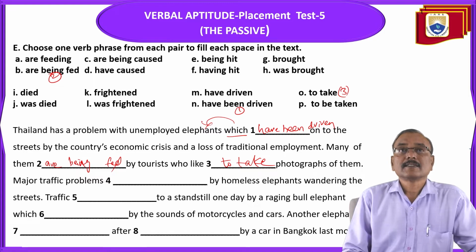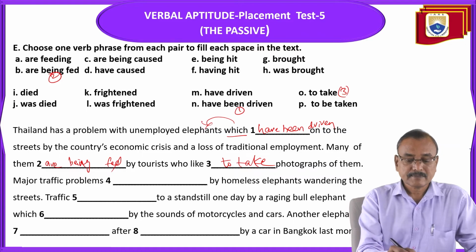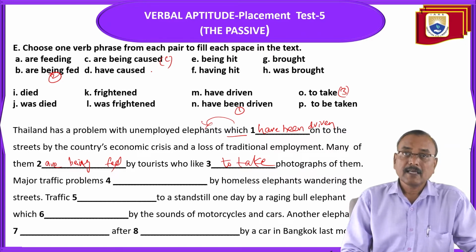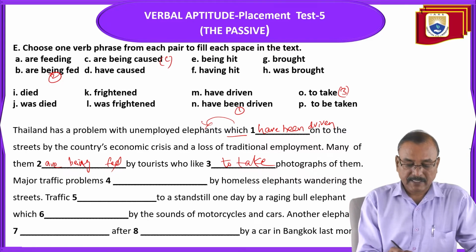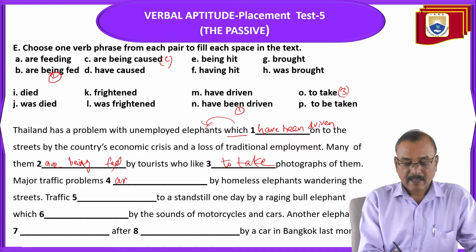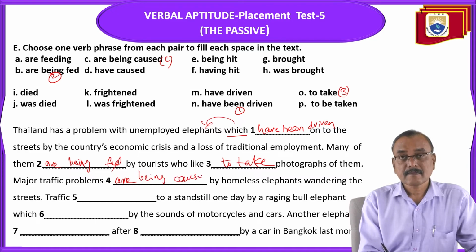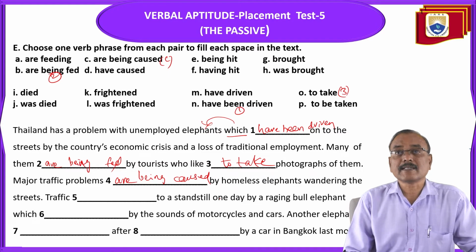Okay. Are being caused. Can you go with C? Problem, yeah. Are being caused. Problems are being caused by homeless elephants wandering the streets.